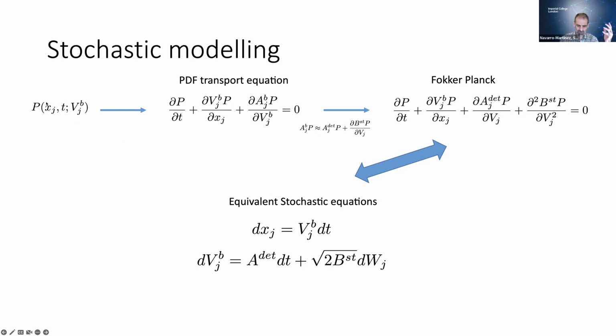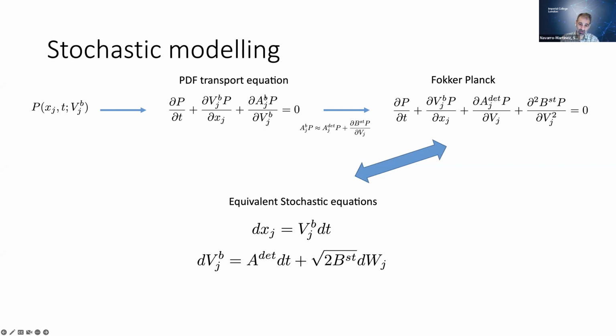I don't know how familiar you are with stochastic models, but basically it's possible to derive a PDF transport equation, which is a transport equation in 7 dimensions: space, time, and velocity. And to obtain the evolution of this PDF.